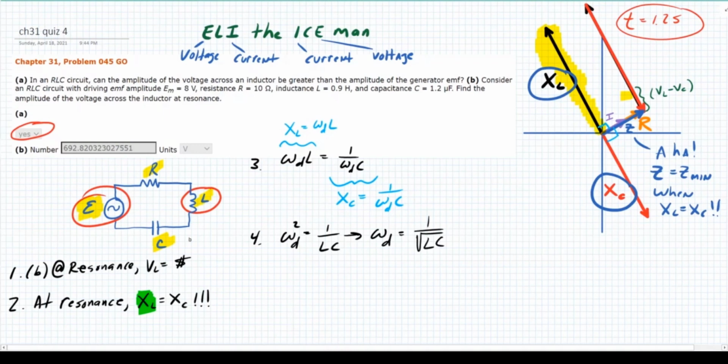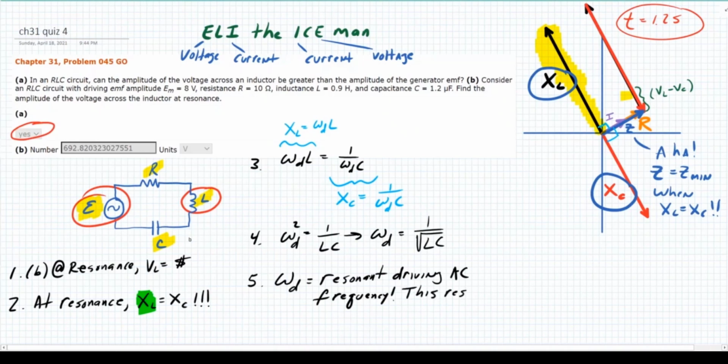All right, so let's get a value on this. This is the resonant driving alternating current frequency. And this value results in Z equals Z min.